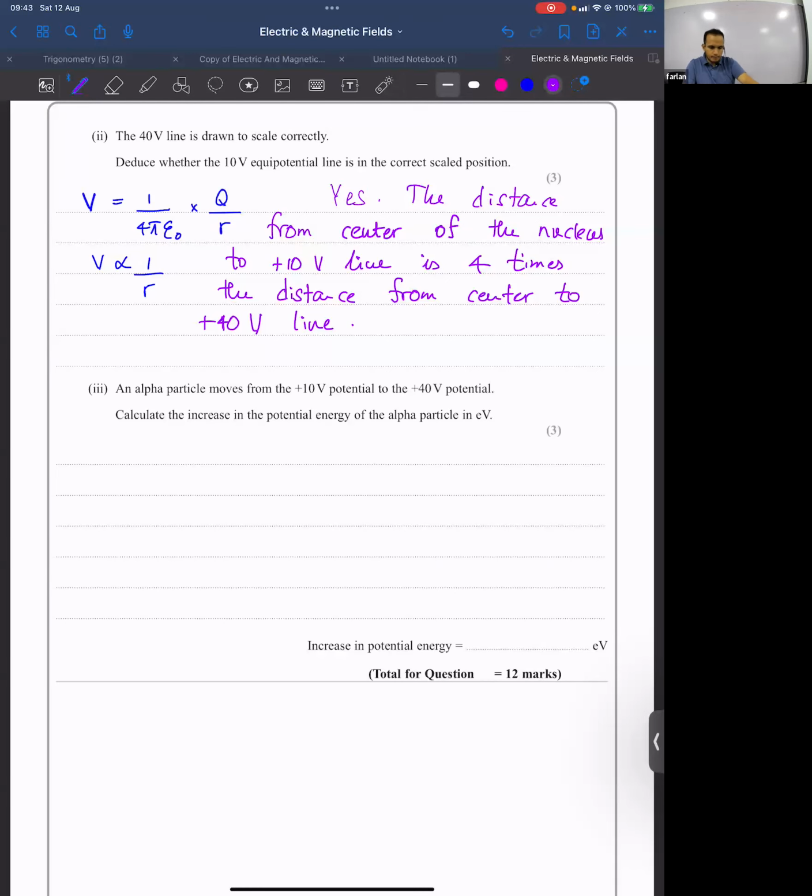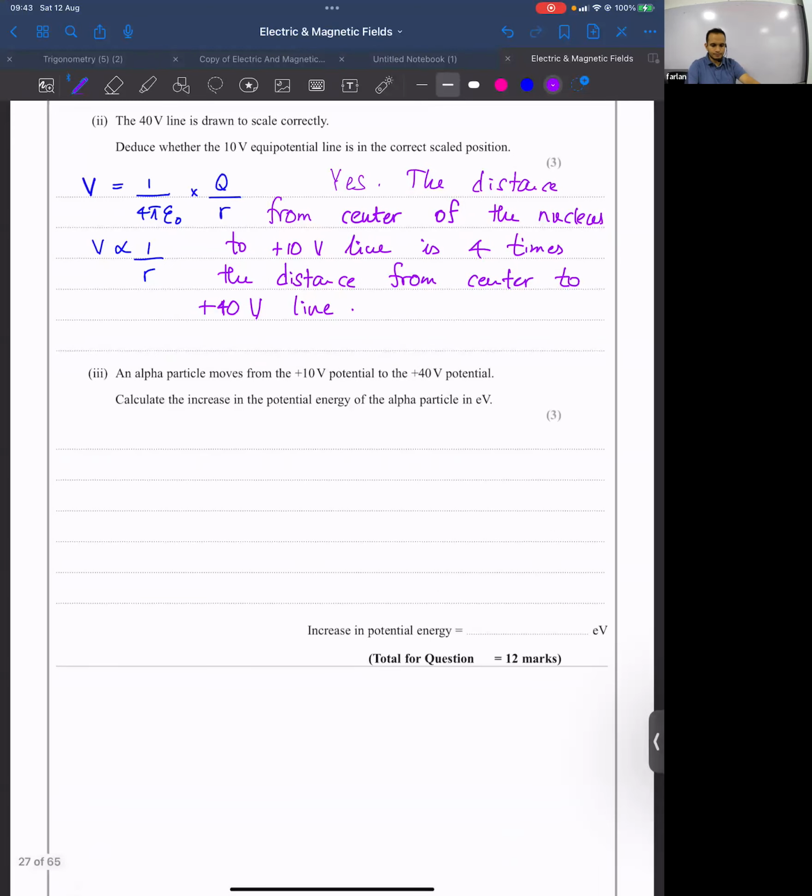Right, there's the next one. An alpha particle moves from plus 10 volts potential to plus 40 volts potential. Calculate the increase in potential energy of the alpha particle in electron volts. First tell me this. Guys, an alpha particle consists of what? From your O levels, you remember. An alpha particle consists of 2 protons and 2 neutrons. Correct?